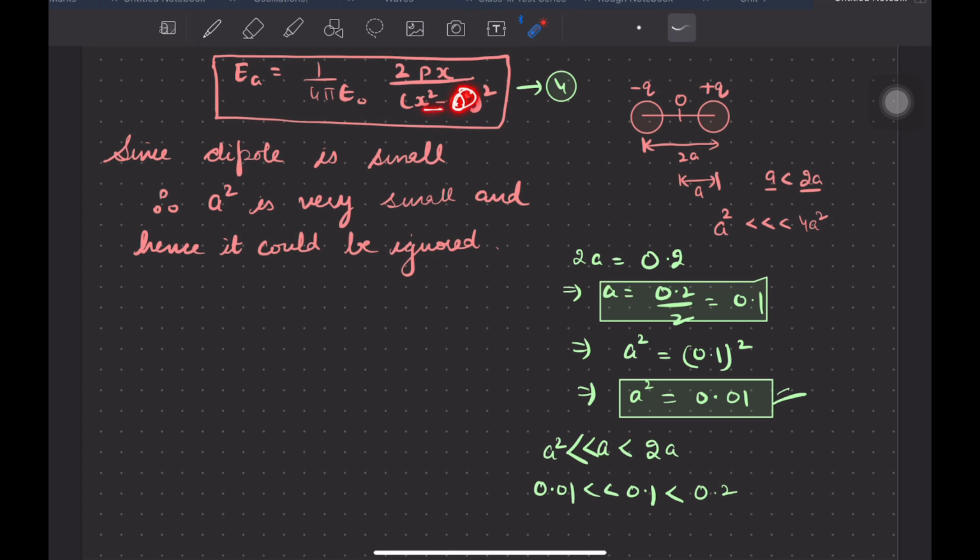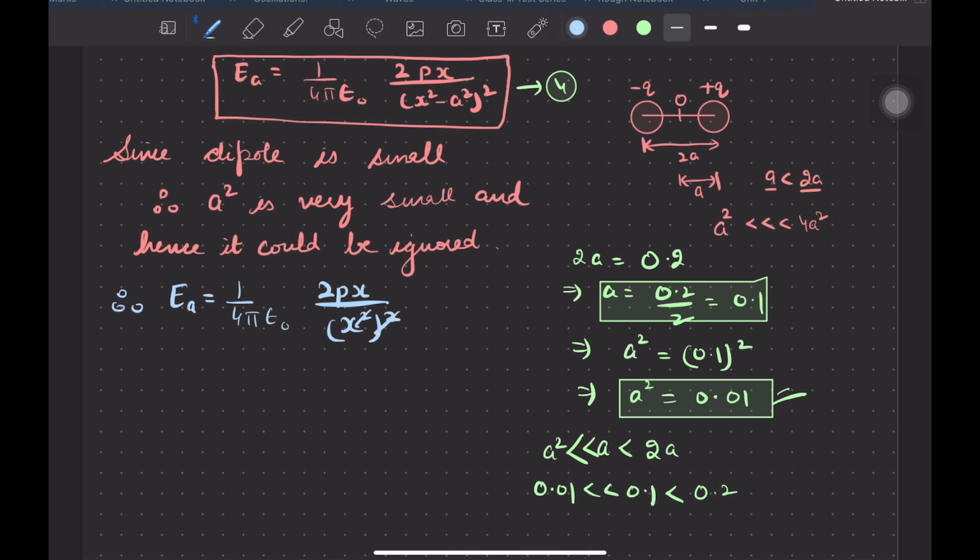x square minus 0 will remain x square, and when you solve the bracket, you will be missing this term. So you will be having x square whole square, and square into square will become x raised to power 4. So from equation number 4, EA is equal to 1 upon 4 pi epsilon naught, 2px divided by x square whole square.